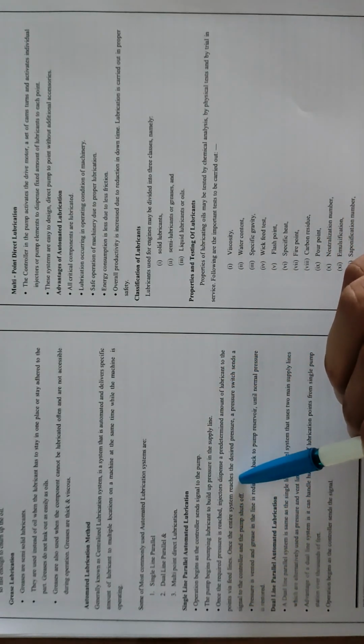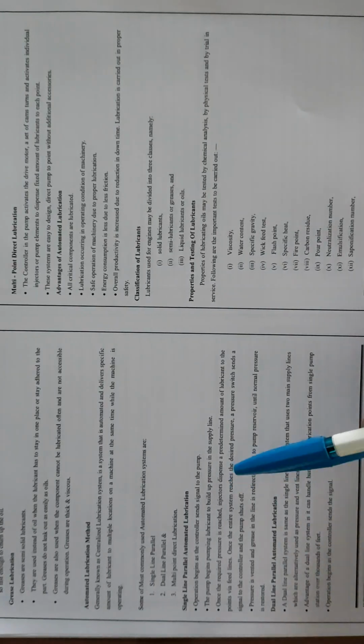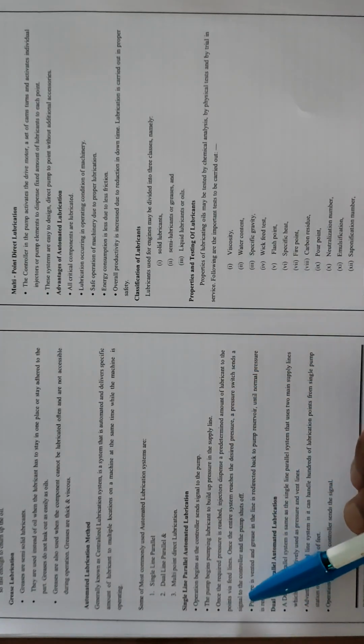Once the entire system reaches the desired pressure, a pressure switch sends a signal to the controller and the pump shuts off. Pressure is vented and grease in the line is redirected back to the pump reservoir until normal pressure is restored.